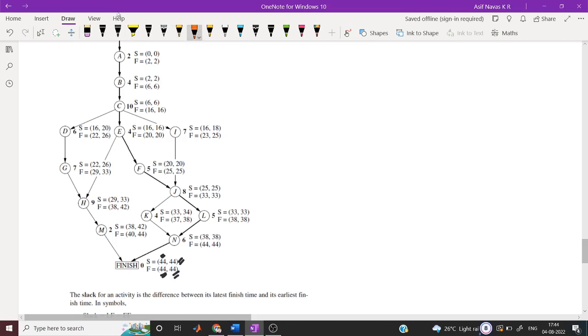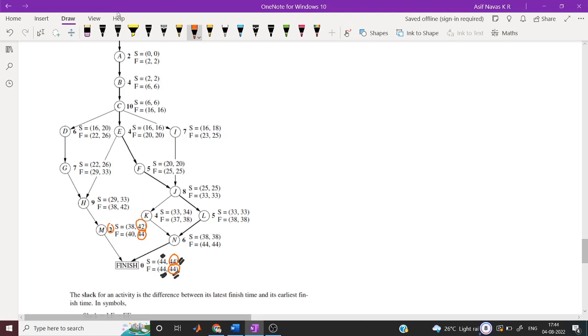Now here 44 is the LF of this, and the smallest LS is 44, so 44 minus 2 is 42.